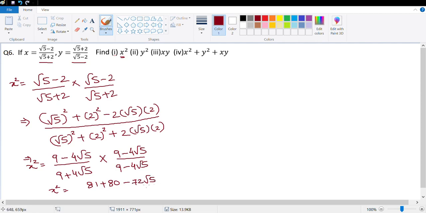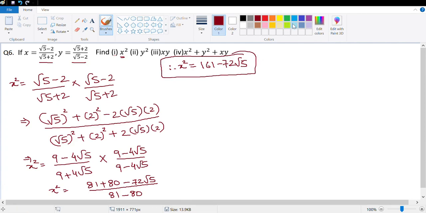So that's the numerator, and the denominator becomes x square minus y square. So x square is 81 minus y square, that's 16 into 5, that's 80. Therefore, x square is equal to 81 plus 80, that's 161 minus 72 root 5. So we've calculated the value of x square.